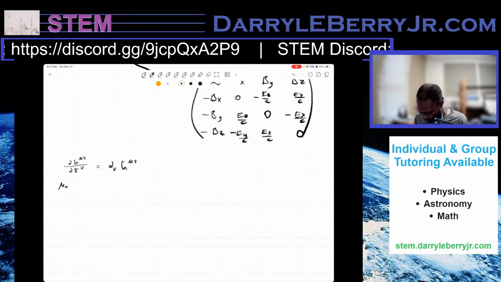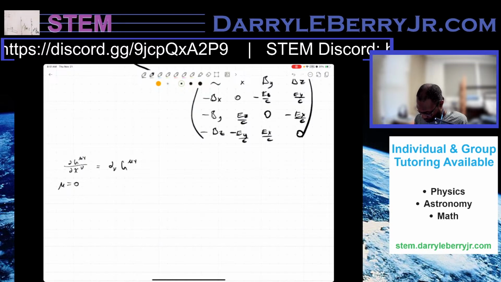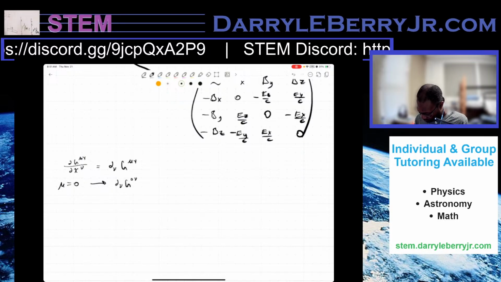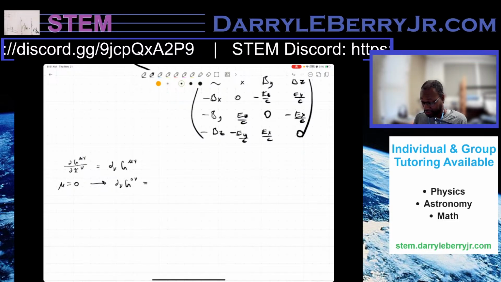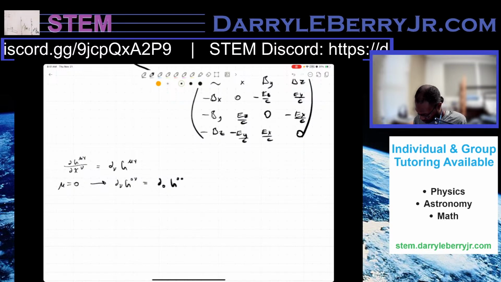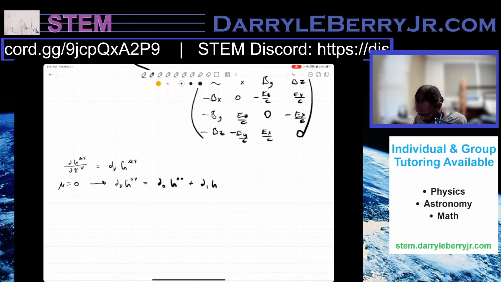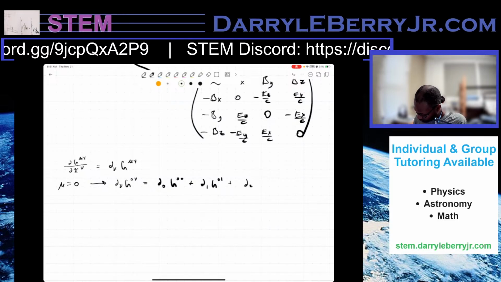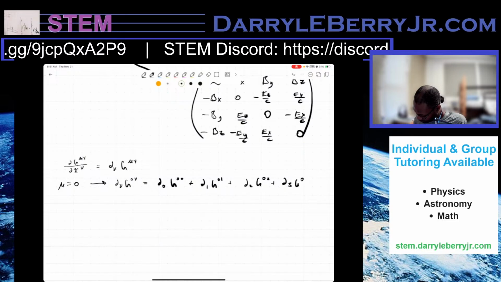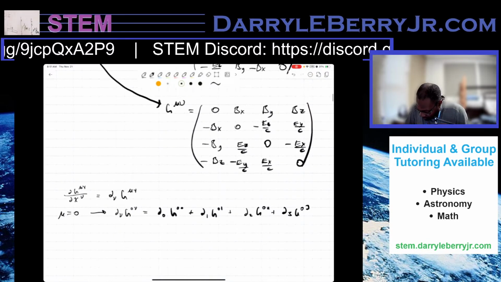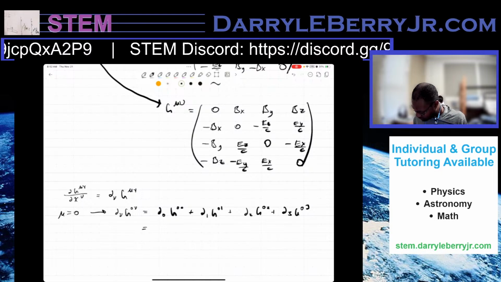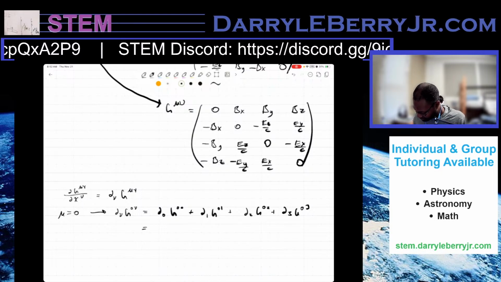And we want mu equals 0. So this would be, and this is Einstein notation, you can look at the relevant coordinates for these.